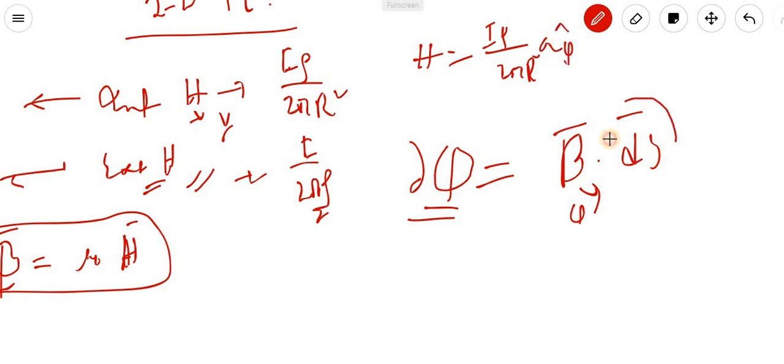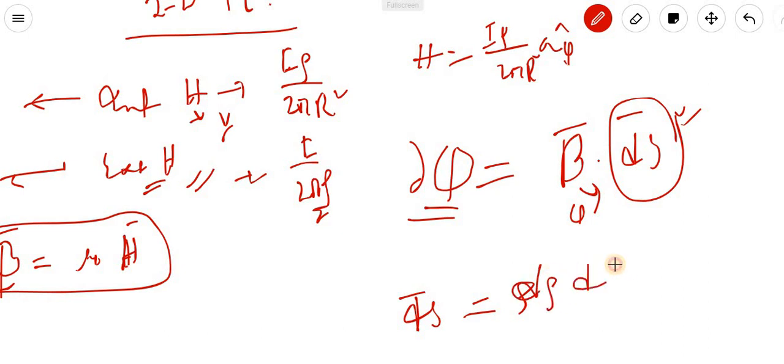And what would be the area? The area would be in the direction of rho, d rho dz, in the direction of phi.